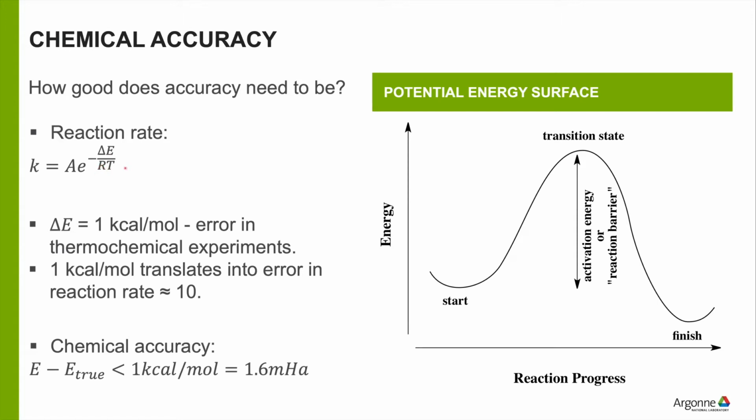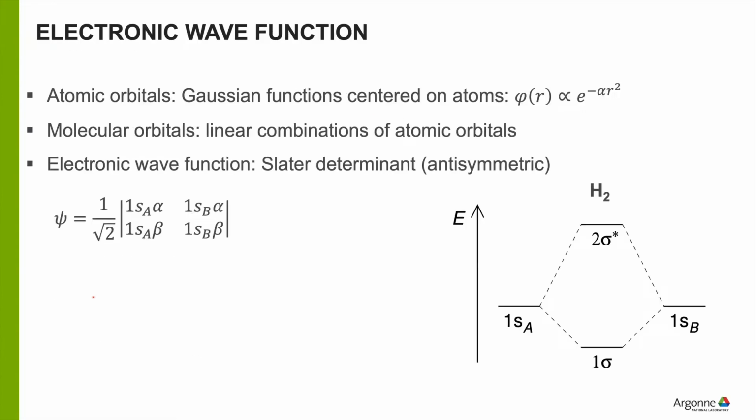And basically, in terms of reaction rate, to get to the accuracy of roughly within 10 times in terms of reaction rate, our energy barrier needs to be computed with the accuracy of 1 kilocalorie per mole. And that's the number that is used in quantum chemistry to think in terms of how accurate the result is.